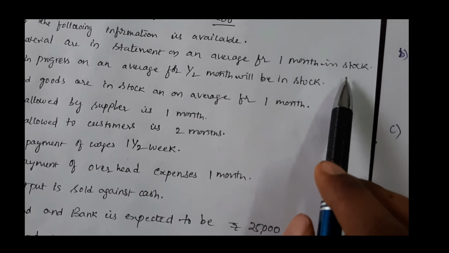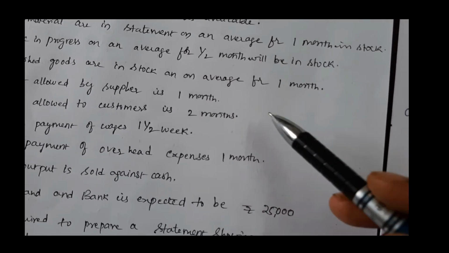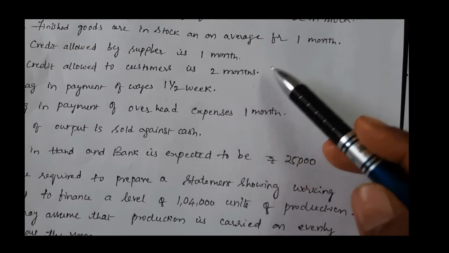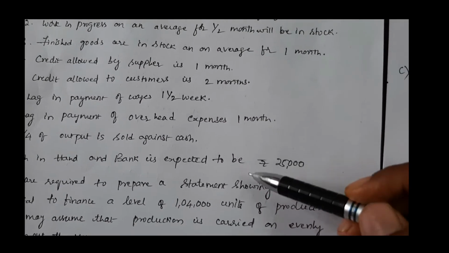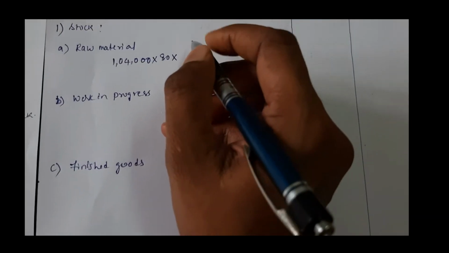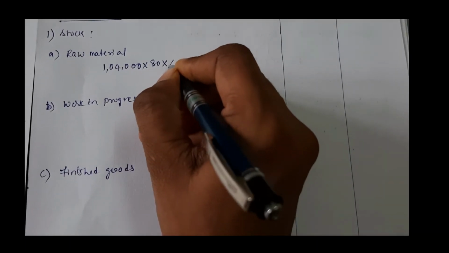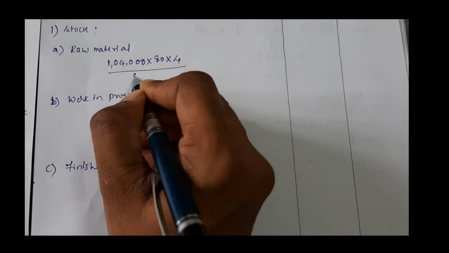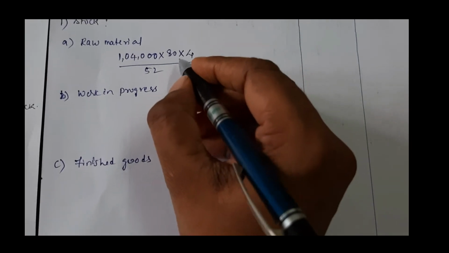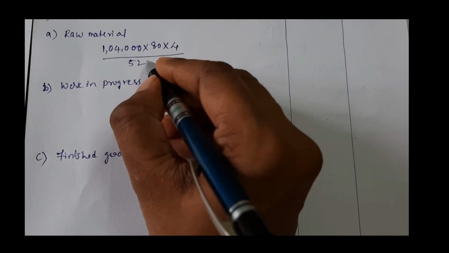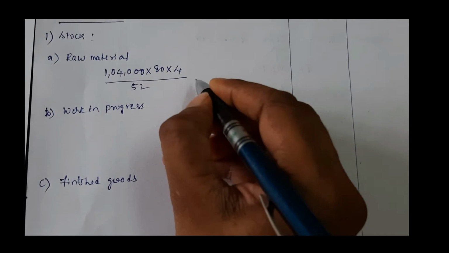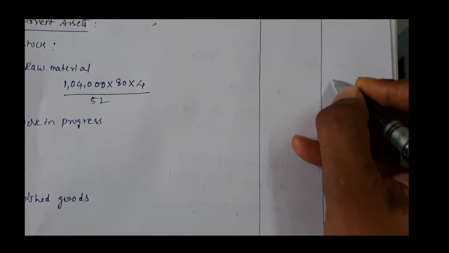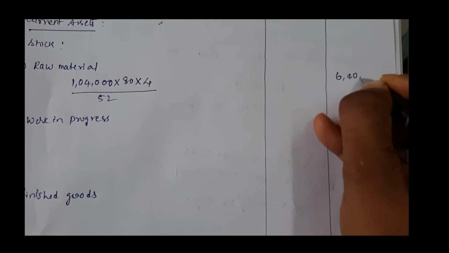So 1 month means, as the data is given even in terms of weeks also, so it is better to consider the time period in terms of weeks. So 1 month will be equivalent to 4 weeks. So into 4 divided by total 52 weeks in a year. So this will become 6,40,000.